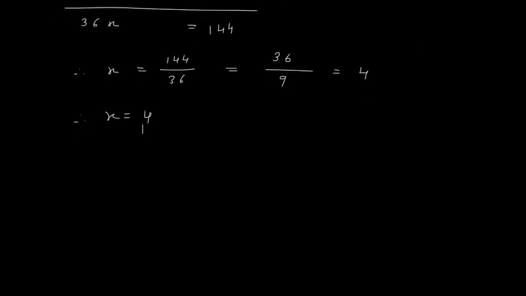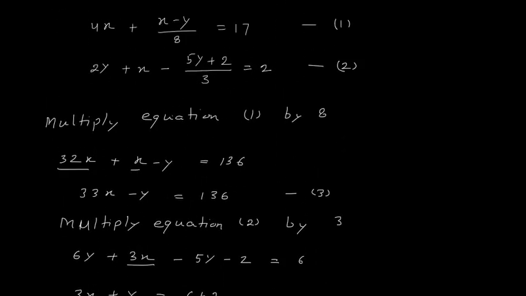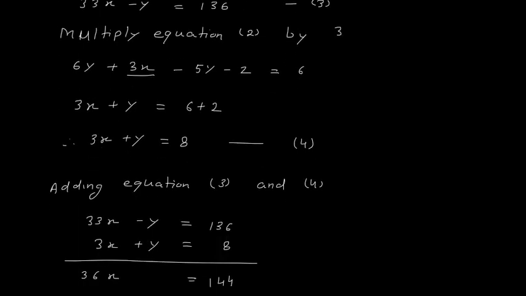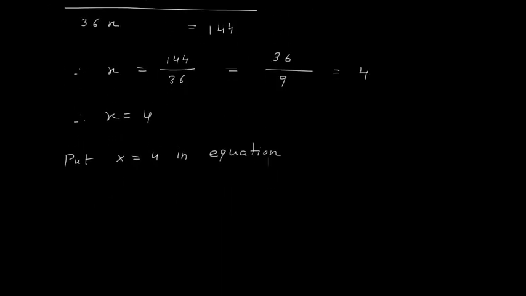Now put this value of x, put x is equals to 4 in any of the equations you can substitute. So say in equation, let us take equation 4. So we have 3x plus y is equals to 8. So that is 3x means 3 into 4, 3x plus y is equals to 8.